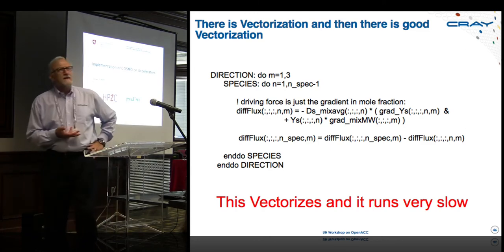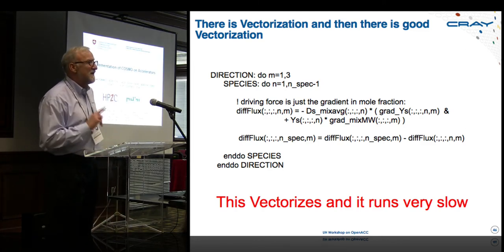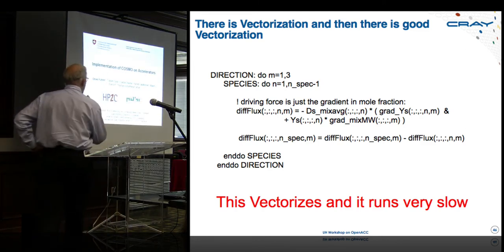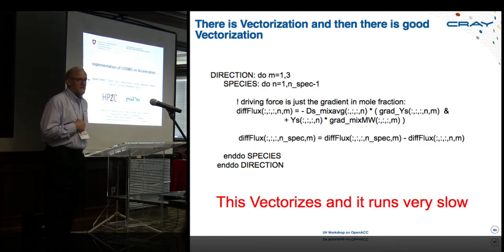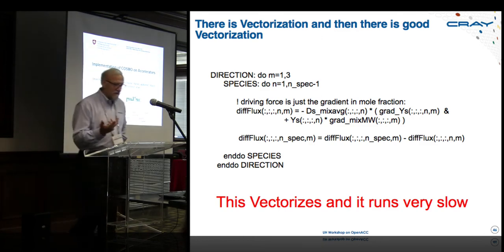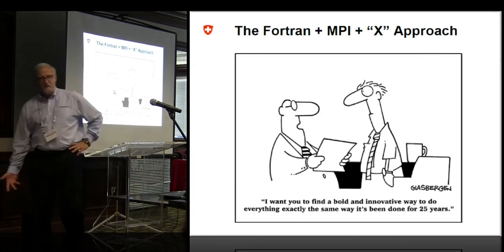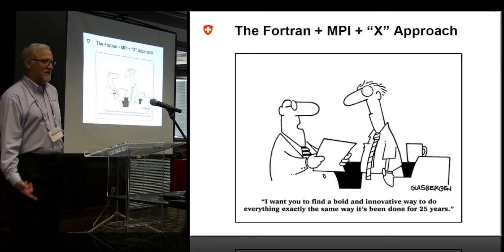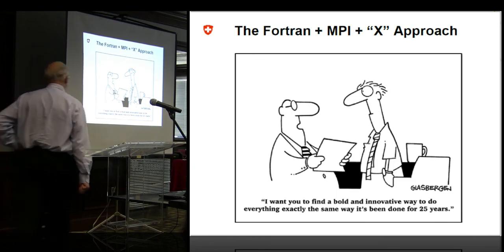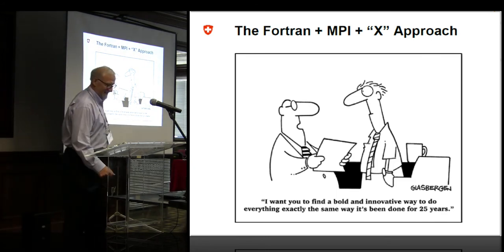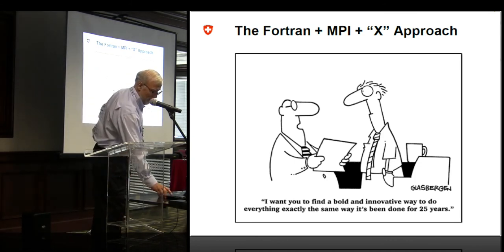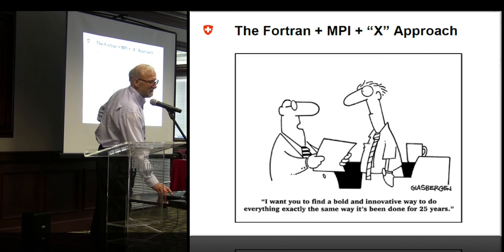I think they invested like $2 million in porting this to accelerators, and it took a year and a half. This was kind of their first decision. I want you to find a bold and innovative way to do everything exactly the same way it's been done for 45 years. That's me.